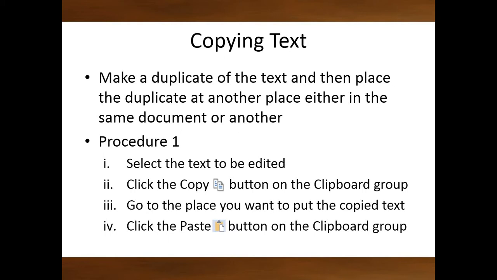Step 2. Click the copy button on the clipboard group. Step 3. Go to the place you want to put the copied text. Step 4. Click the paste button on the clipboard group.